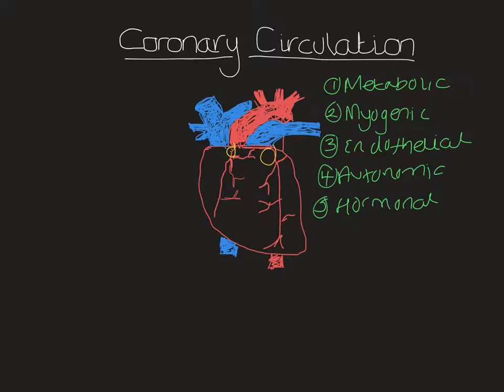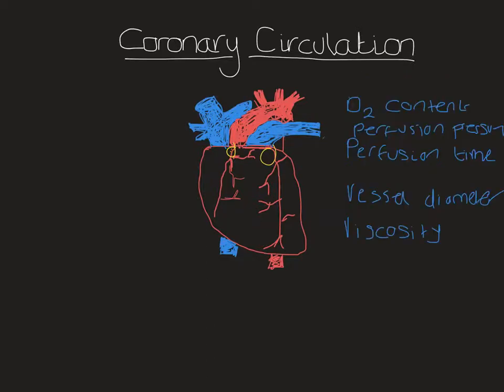When talking about the hormonal contribution, we think about hormones such as angiotensin II, aldosterone, adrenergic peptides, ANP. So ANP causes vasodilatation, angiotensin II causes vasoconstriction.